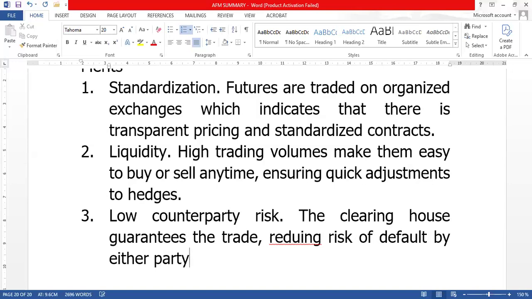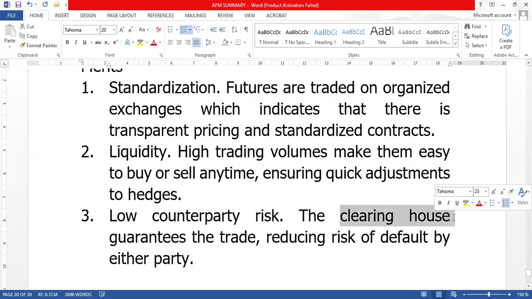So here the risk of defaulting is minimal, because this clearing house will ensure that at least the trade can go ahead and happen.